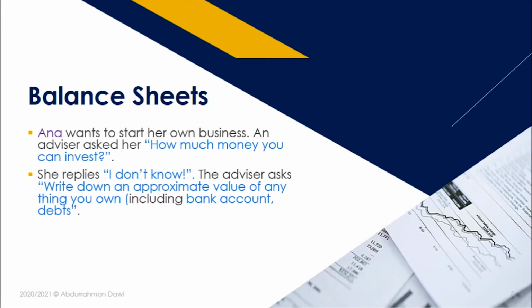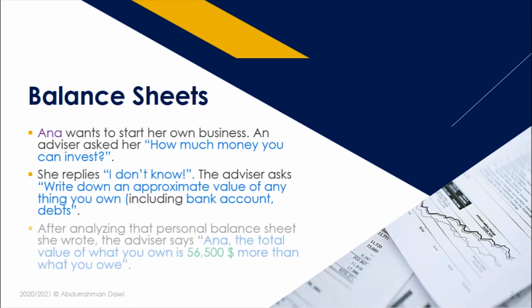The advisor will advise them, first of all, to give an approximate value of anything that they owe or own, including bank accounts or any kind of debts. So the points from that personal balance sheet that Anna made will answer the questions of the financial advisor.